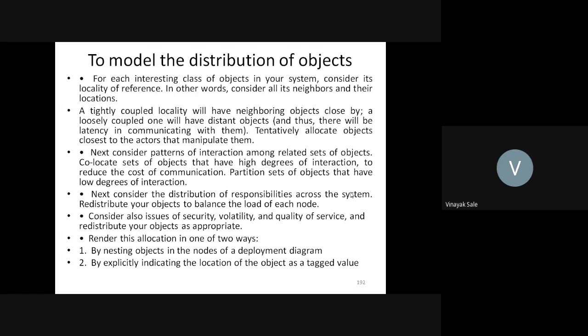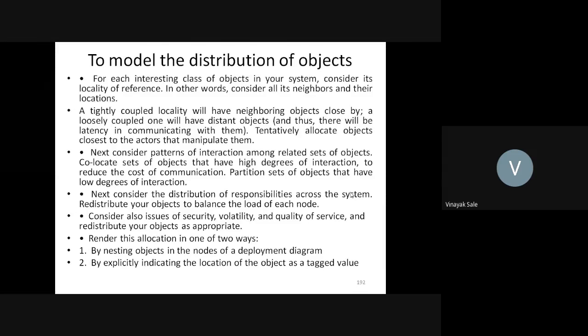Next, consider patterns of interaction among the related sets of objects. Co-locate sets of objects that have high degrees of interaction to reduce the cost of communication. Partition sets of objects that have low degrees of interaction.